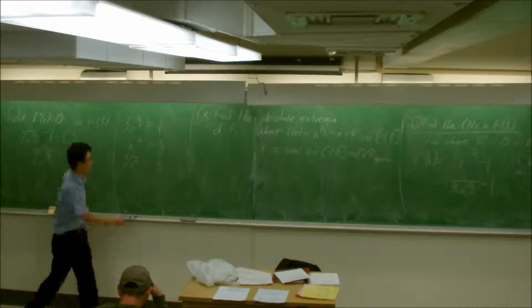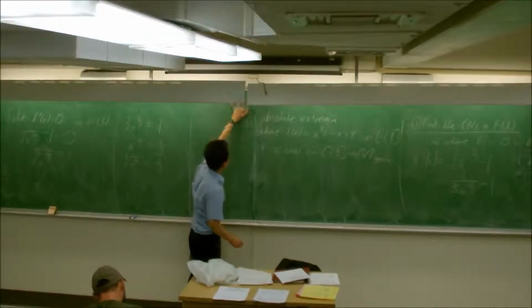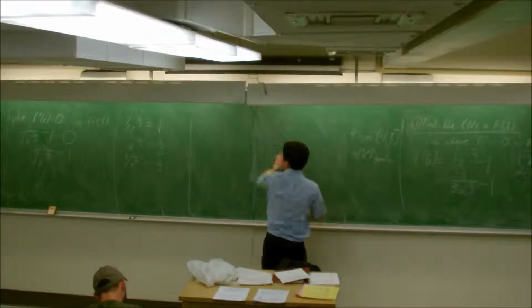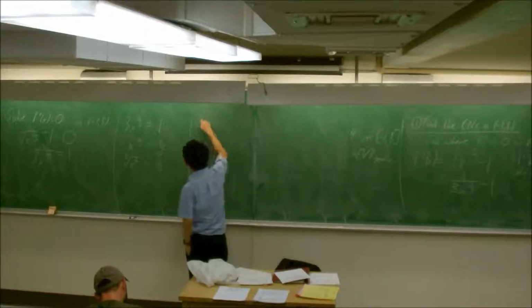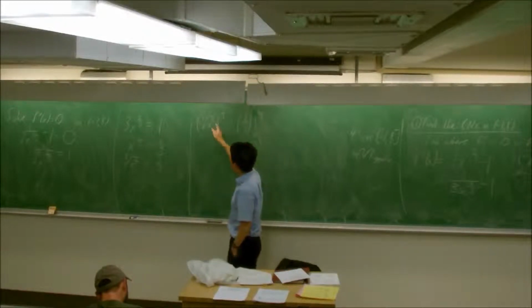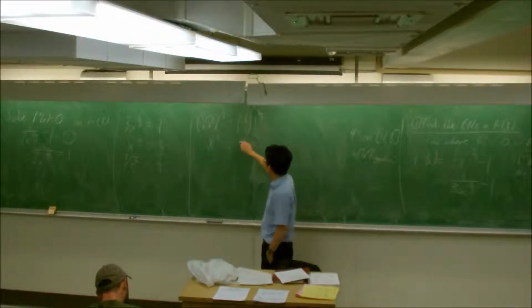Cube both sides. That's clean, you don't have to check. Cubing is better than squaring, because squaring means you have to check. So we cube both sides. What's the cube of the cube root of x squared? x squared, clean, equals, what's the cube of 1/3? 1/27.